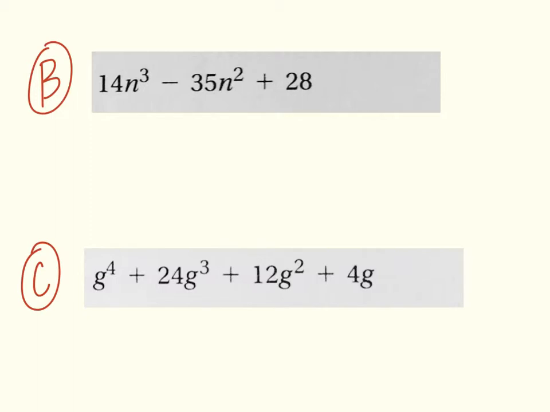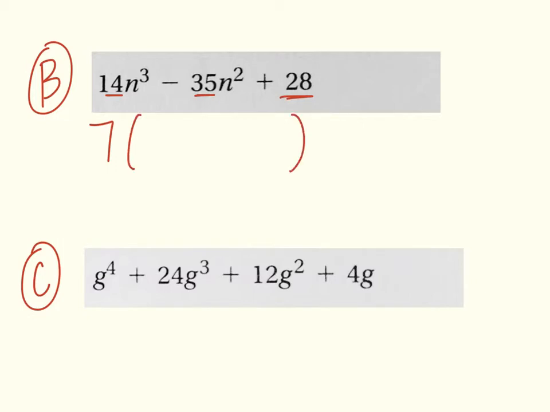Alright, so to factor this out, what number do 14, 28, and 35 have in common? 7. Do they have a variable in common? No, so it's just 7.